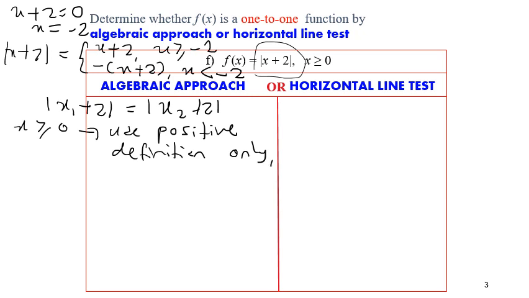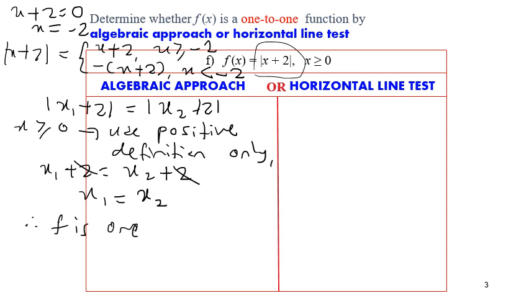So now it would be x1 plus 2 with the positive definition, and also on the right side positive x2 plus 2. Okay, using the positive definition, and then eliminate 2, and we'll get x1 equals x2. So now since we got x1 equals x2, we can conclude that f is one-to-one.